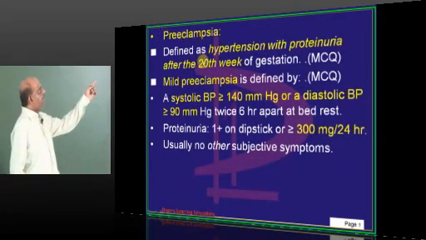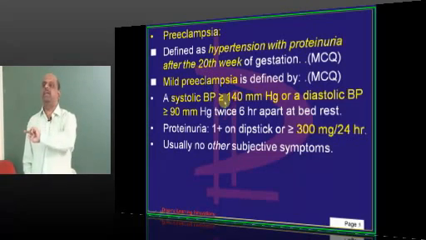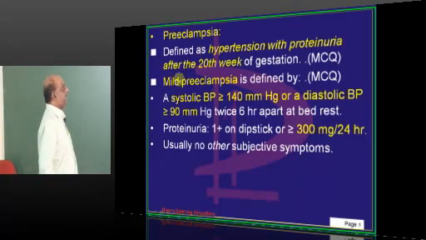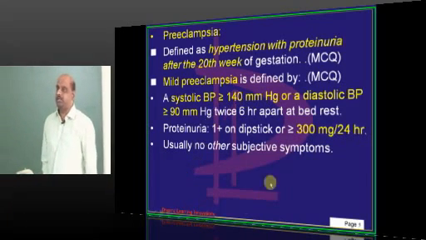When do you call preeclampsia? Hypertension with proteinuria after the 20th week of gestation becomes preeclampsia. Once more, what is meant by mild?